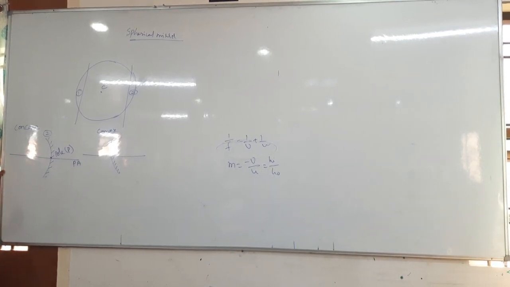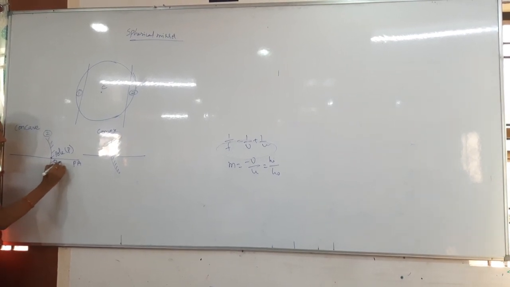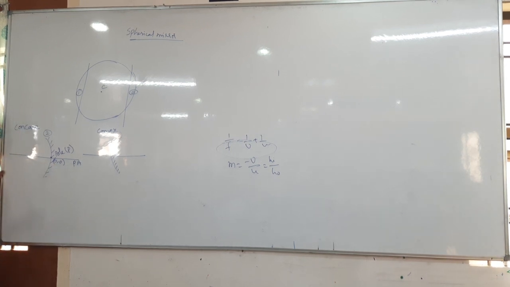So whatever the object is, the object and the image, everything will be placed on this principal axis only. Now, this pole we usually take as the origin. Whatever distances we measure, we will start from the pole only. That is very important. In the sign convention, it plays a major role. So you have to understand that the pole is the origin.